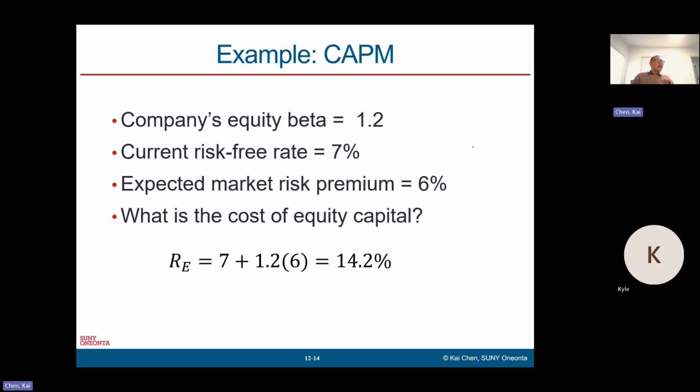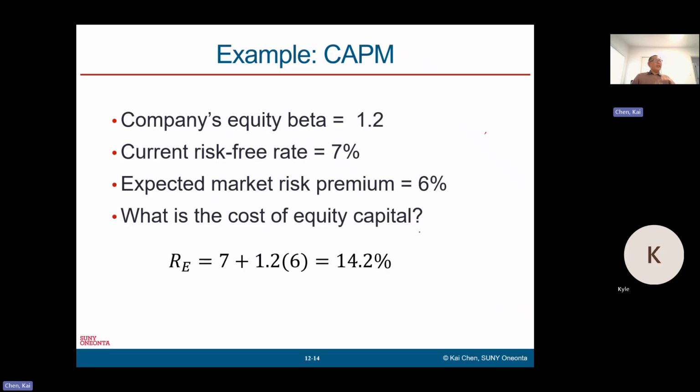We know the beta of the market portfolio is 1. Now, the current risk-free rate is 7%. The expected market risk premium is 6%. Then what is the cost of equity capital?